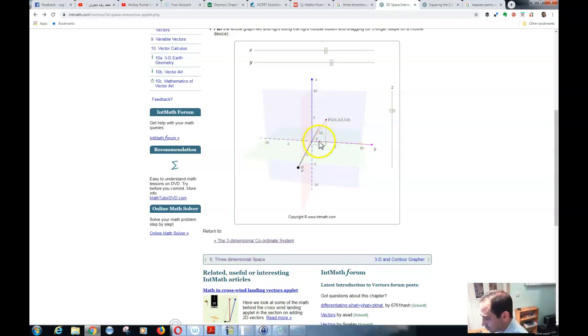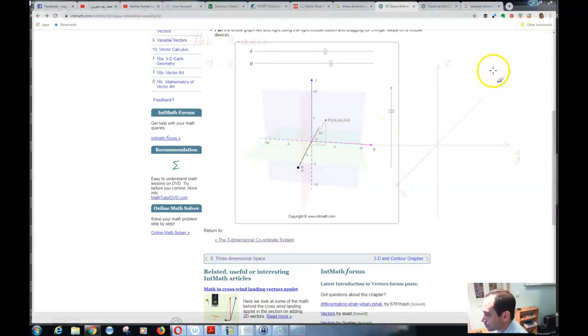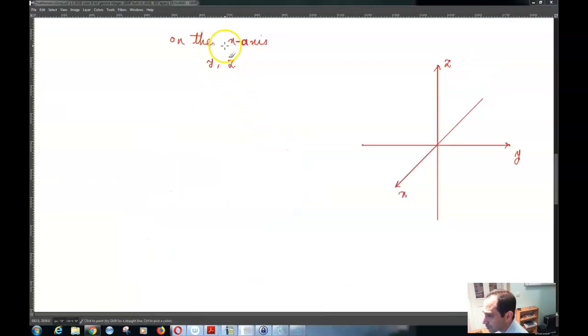Otherwise, there is no other distance over here. So what that means is that the point being on the x-axis, basically the y-coordinate would be 0 and the z-coordinate would be 0. 12.1.